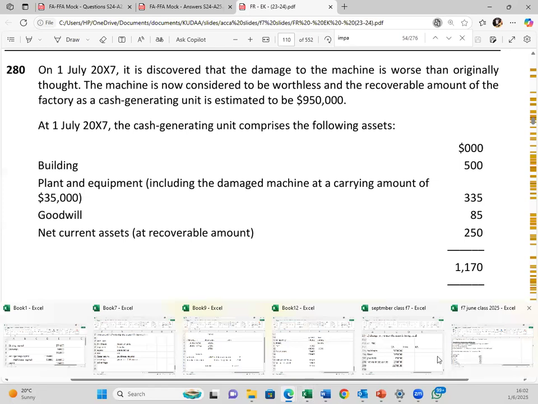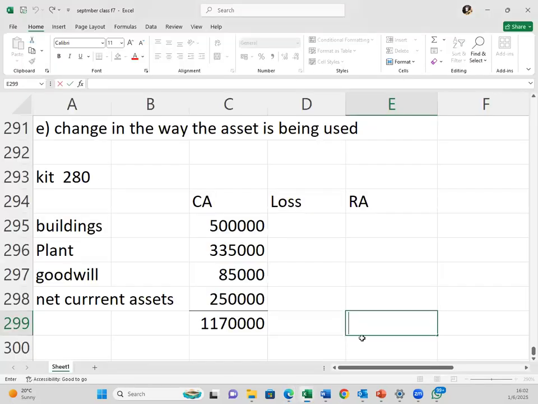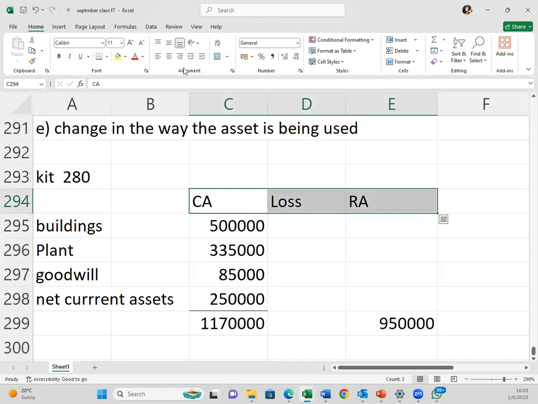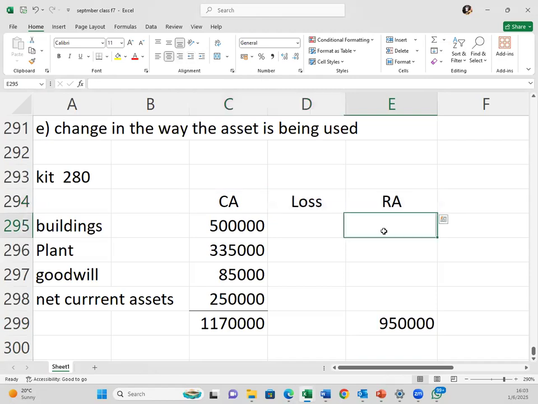So we take our recoverable amount and put it here. Our recoverable amount is 950,000.